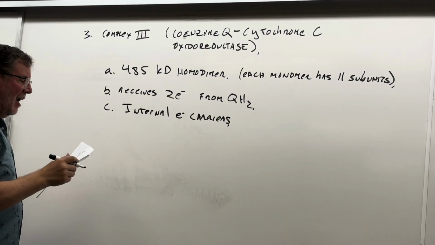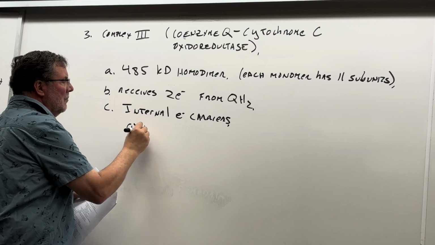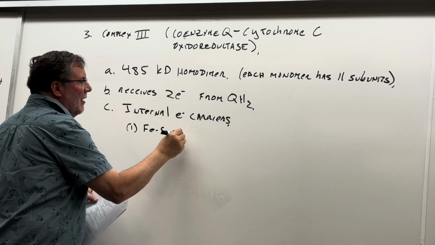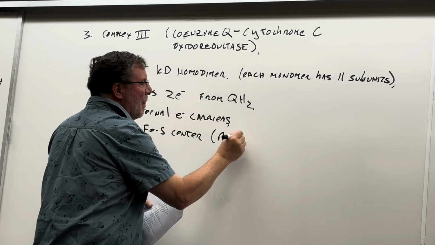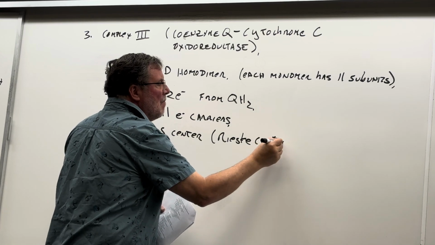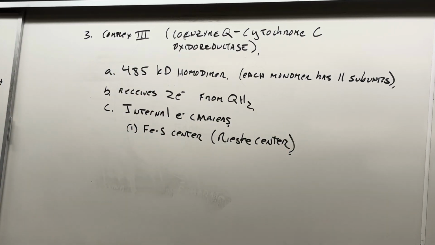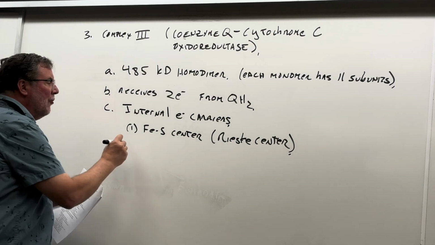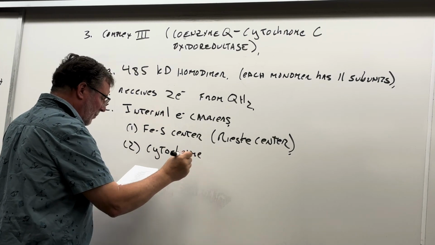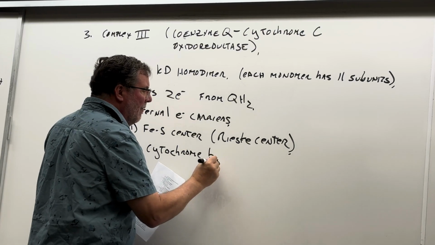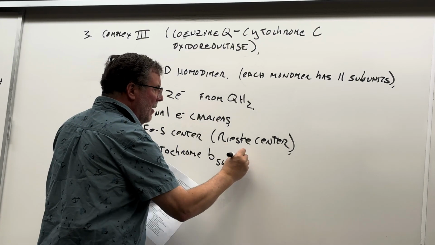It has an iron sulfur center that is known as a Rieske center. What makes this one differ from some of the other ones is it actually has histidines that help coordinate it. I'm not going to get into that detail. And it also has a couple of cytochromes, B562, B566.